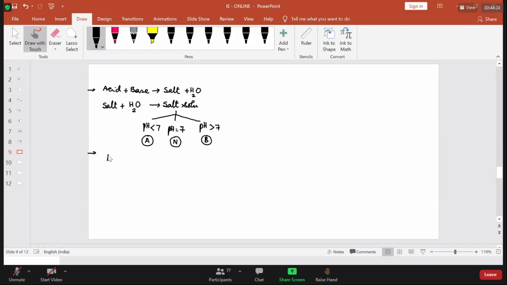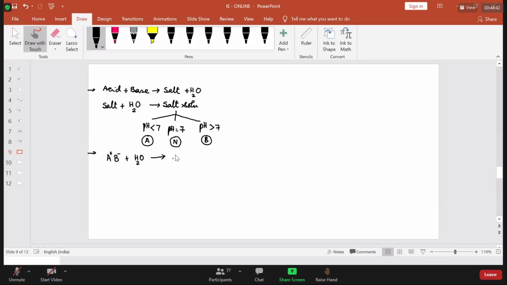What is salt? Salt consists of cation and anion. If it is made to react with water, then what happens? Once you dissolve it, that A plus and B minus get separated.